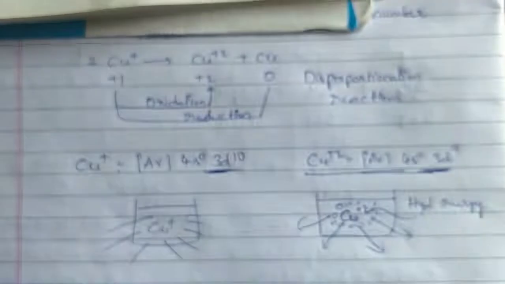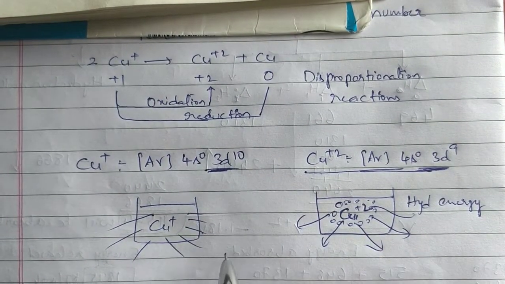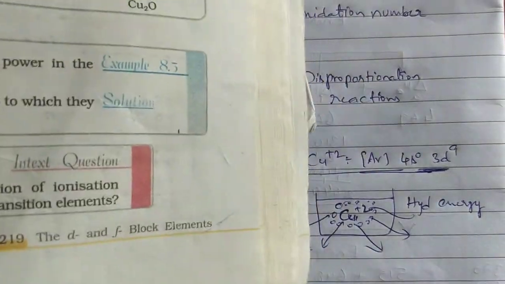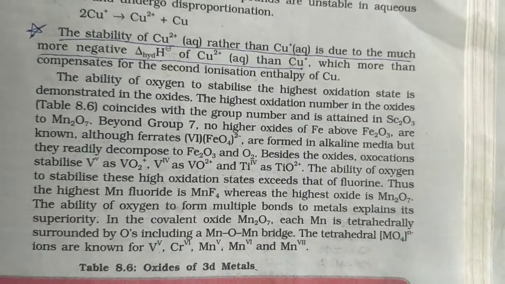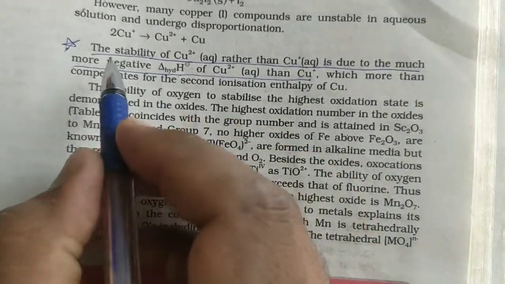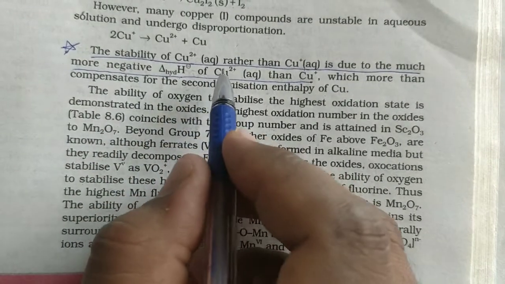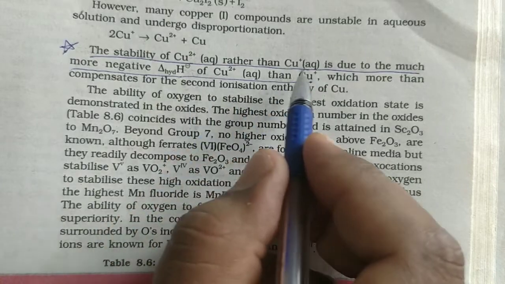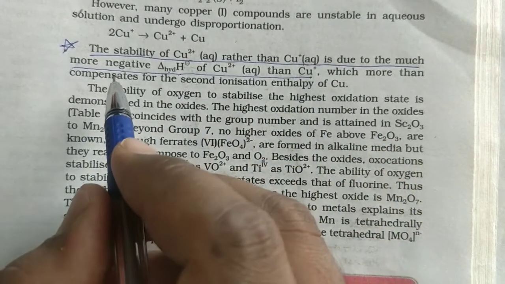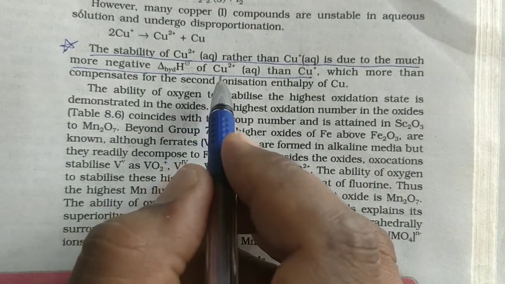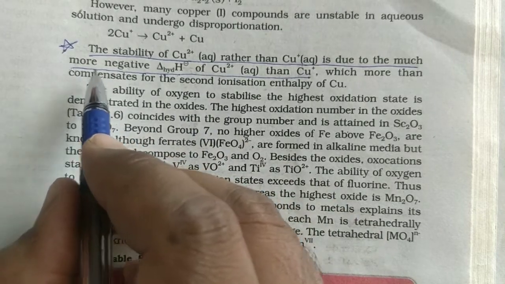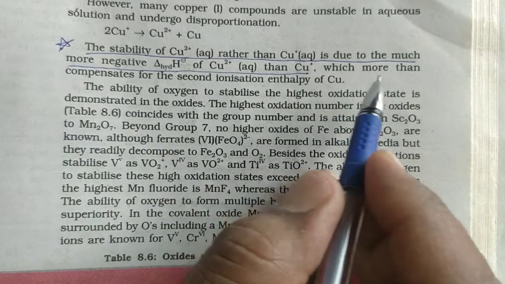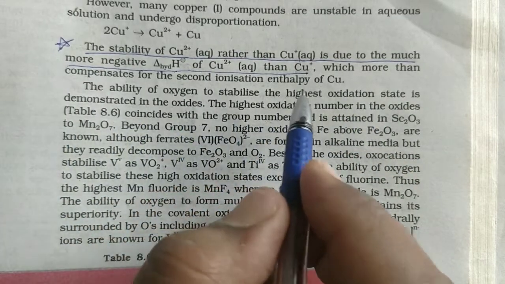Okay, that's why Cu2+ is more stable than Cu+ in aqueous solution. The stability of Cu2+ rather than Cu+ (in brackets they mention aqueous) is due to the much more negative hydration enthalpy of Cu2+. Much more negative means more energy is released. That is the meaning, which more than compensates for the second ionization enthalpy of copper.